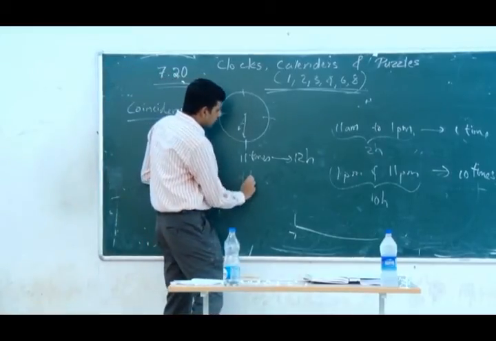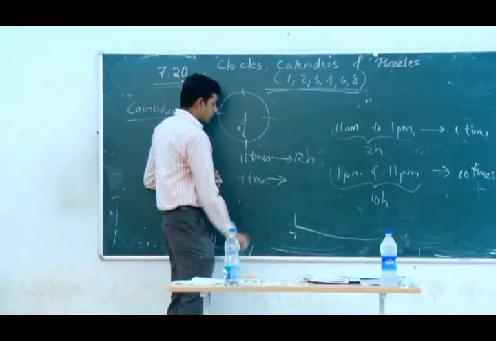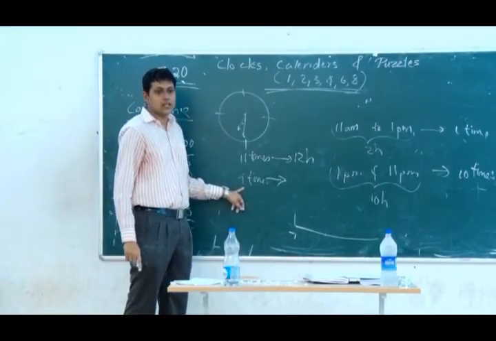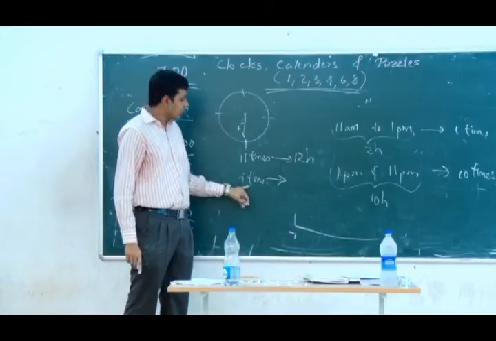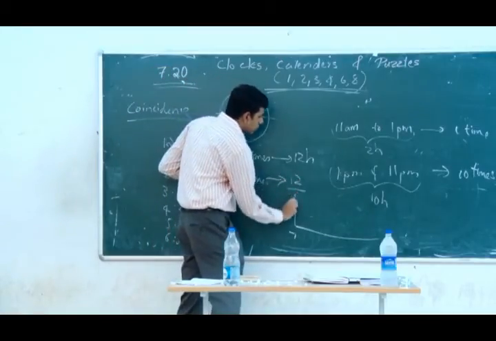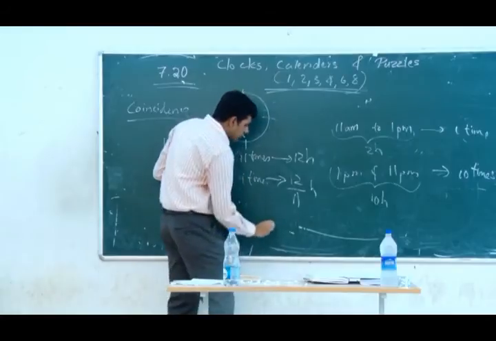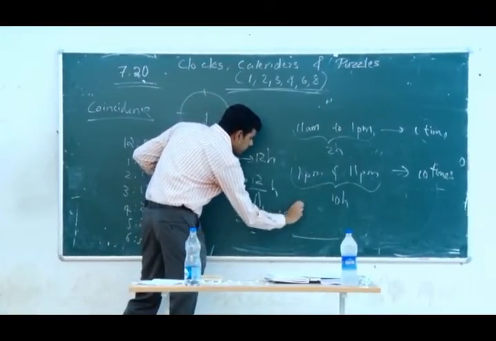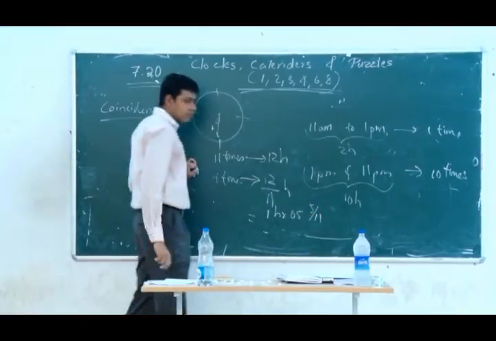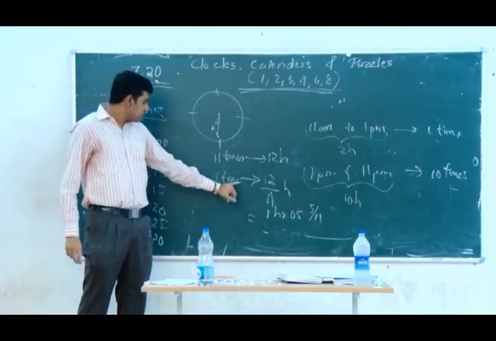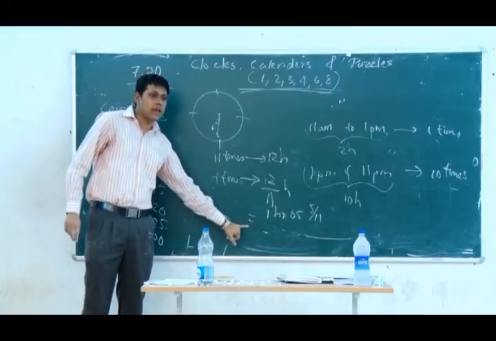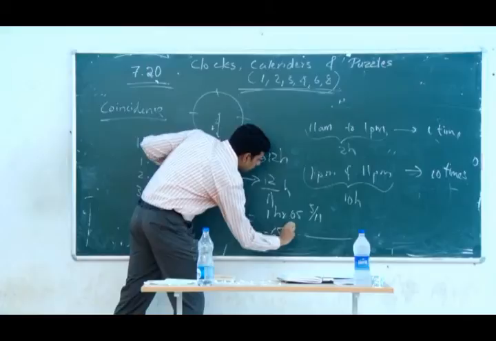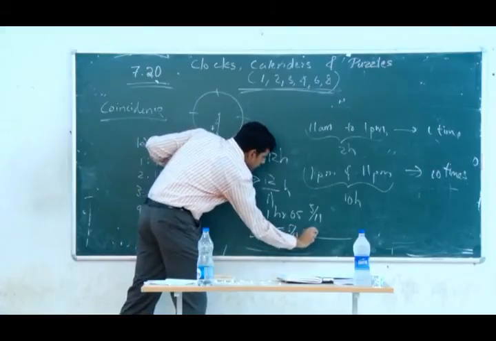So, for one coincidence, what is the time it takes? 12 by 11 hours. This 12 by 11 hours is 1 hour, 5 minutes, 5 by 11 of a minute, or 65 and 5 by 11 minutes.